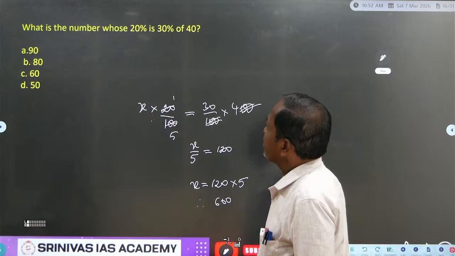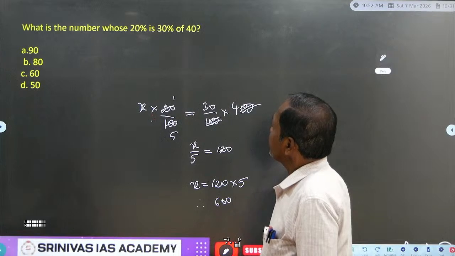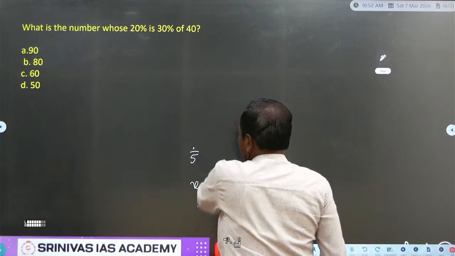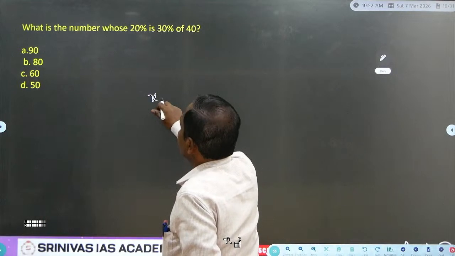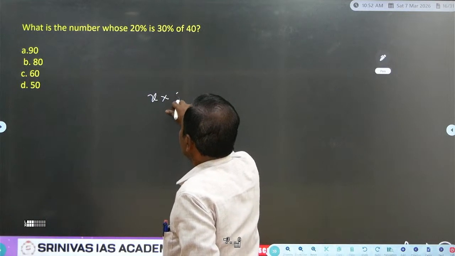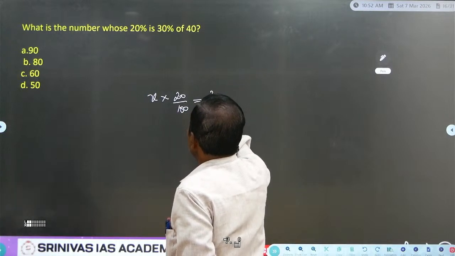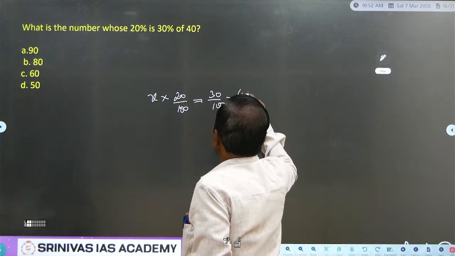Why is it... 40 I have not taken. What is this? Is it 30% of 40? Oh, so I have not done wrong. Let the number be x, whose 20% is 30% of 40.